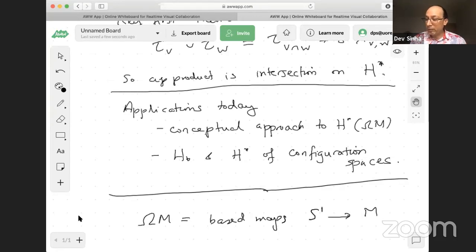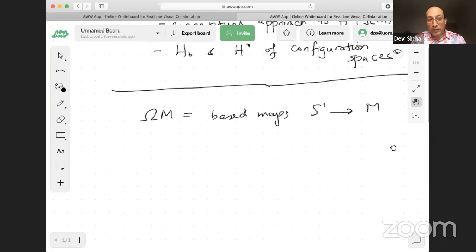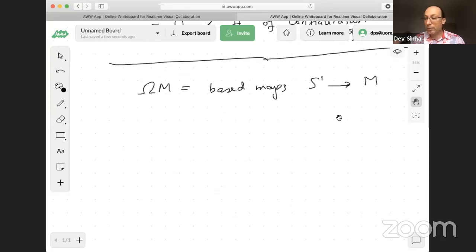If you want to be more categorical, you could say that spaces, in the right category, are enriched over themselves, so the collection of maps itself forms a space, and that lets us use the tools of topology to understand our Hom sets themselves. So in particular, you want to understand the homology and cohomology.